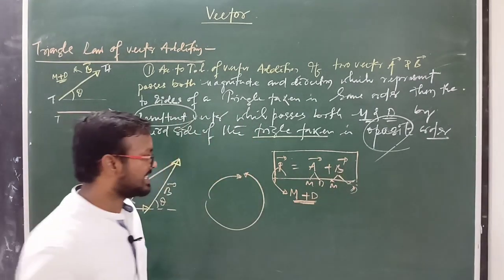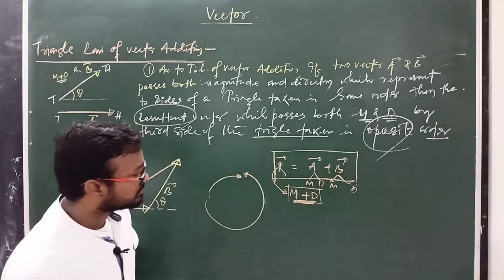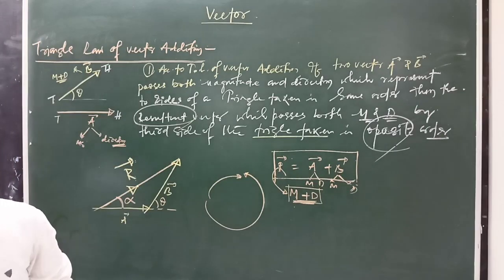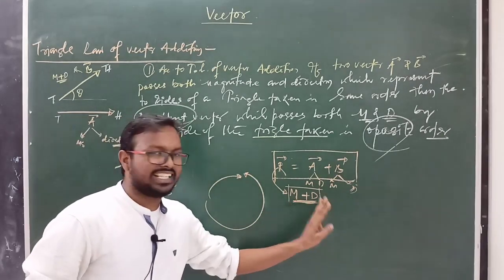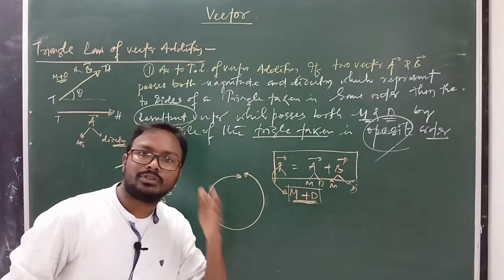So now we have to first find the magnitude and direction of the resultant vector. Clear? Okay. We will discuss later the analytical method of the triangle law, parallelogram law and polygon law.